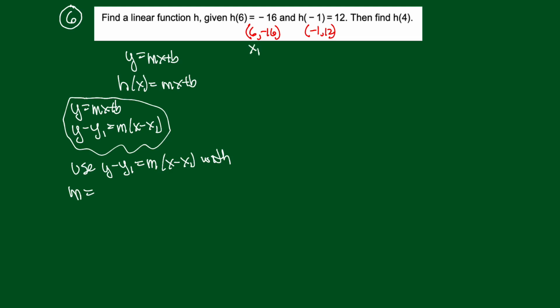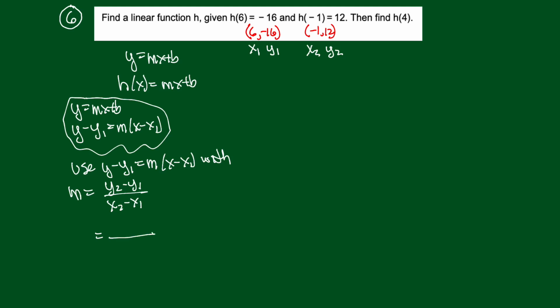So now I have this. This is the first x I see. That's the first y I see. This is the second x. This is the second y. So let's substitute these values down into our slope formula. And our slope formula is y2 minus y1 over x2 minus x1.